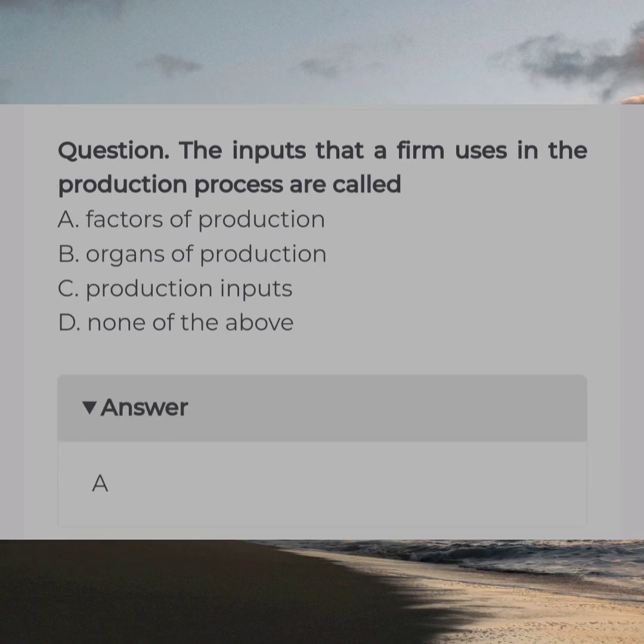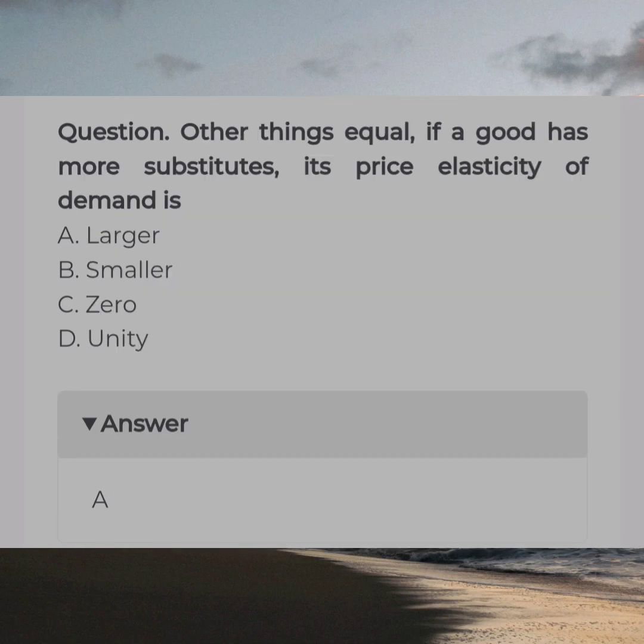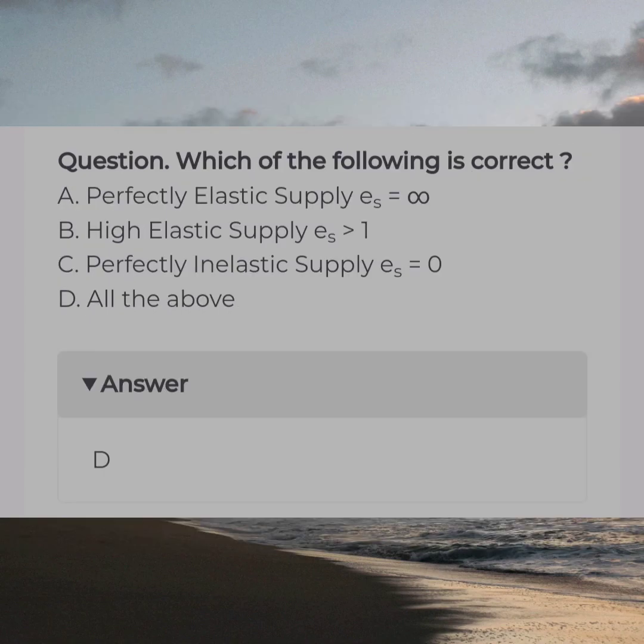The inputs that a firm uses in the production process are called answer A, factors of production. Other things equal, if a good has more substitutes, its price elasticity of demand is answer A, larger. Which of the following is correct?